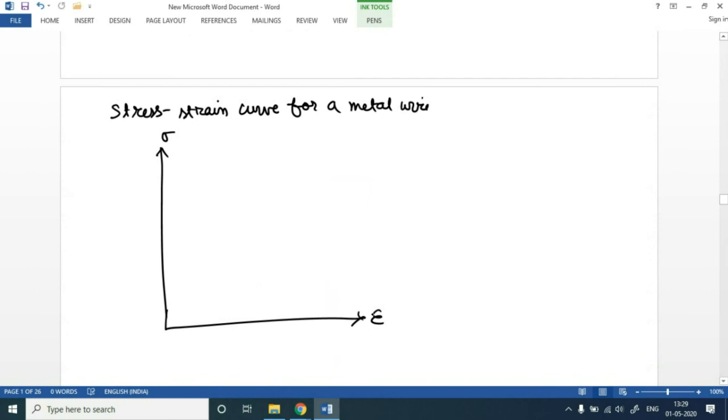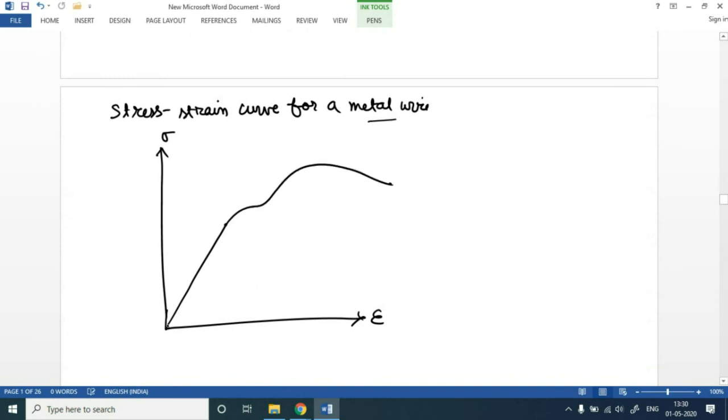Means if we are putting some strain in a metal wire and checking for the stress developed in it, and plotting the graph, this graph will look something like this. Up to some point it will vary linearly, and then it will go like this. That would be the nature of the graph.